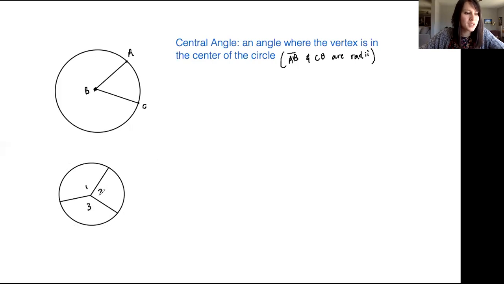Well, I know that the sum of the measures of the interior angles, where they are all coming out from a common point from the center, add up to be 360. So we could say angle 1 plus angle 2 plus angle 3 equals 360 degrees. So if I only gave you 2 of them, you could work your way through and find the third angle, right? So let's take a look at our study guide.